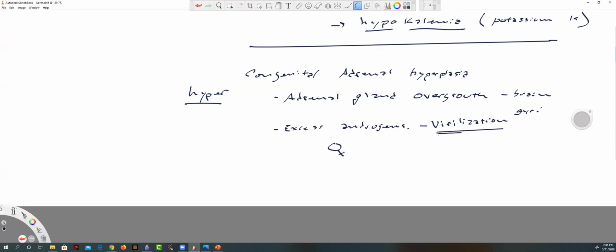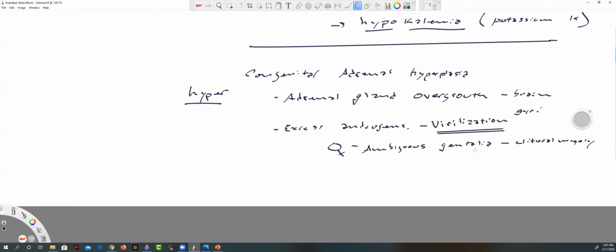Virilization. That's basically too many male hormones. Female babies can have ambiguous genitalia, clitoromegaly, a fused labia, a labia that actually looks like a scrotum.